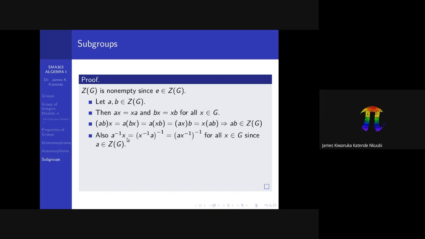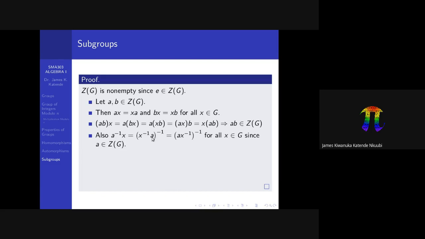The next thing is to check if the inverse of any element in the center will also be in the center. So again, we check by simply multiplying. We know that if A is in the center, we can write A inverse X as this. This is from a property for groups we did earlier. Hopefully you can follow that. Now we know that A is in the center.